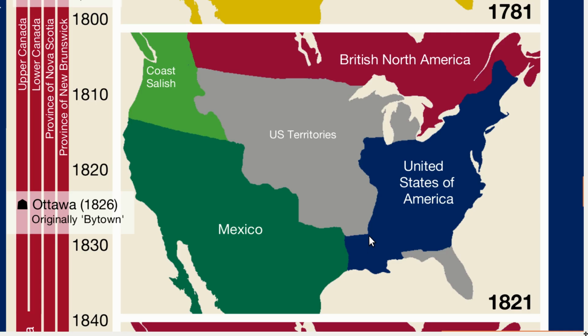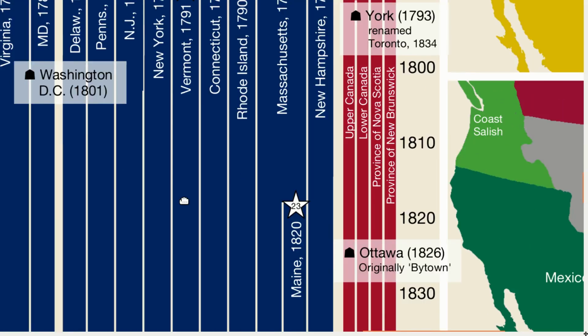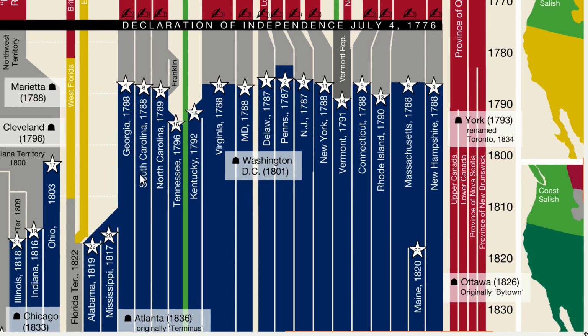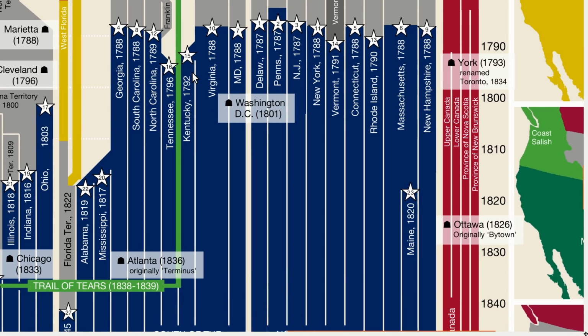Now, before we go to the next map, let's take a quick look at the timeline to show how the various states are forming. So originally there were 13 colonies, and these became the 13 states. They were quickly joined by Vermont. Some states were divided to form new states. So, for example, part of Virginia was split off to form Kentucky, and part of Massachusetts was split off to form Maine.